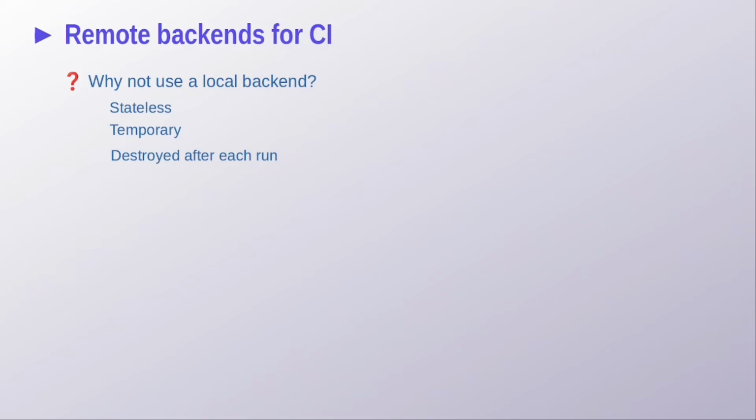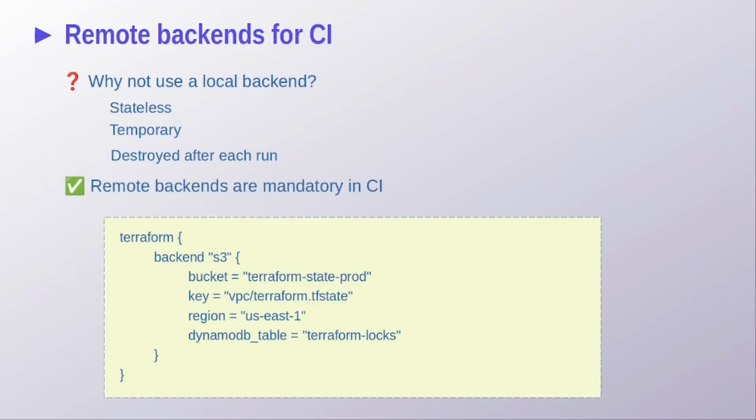This is bad Terraform. Remote backends are mandatory in CI. Benefits: a remote backend gives you shared state across the team, state locking, safe parallel execution, reliable CI/CD. If you use Terraform in CI without a remote backend, you are doing it wrong.